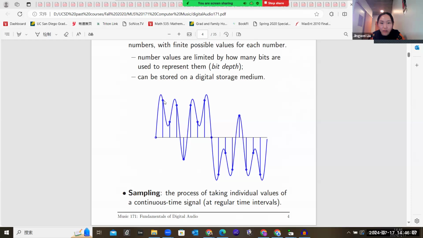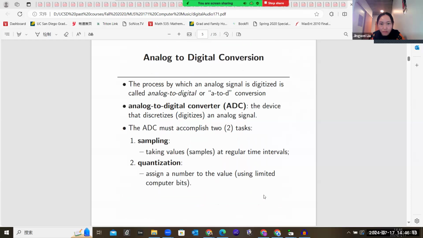Here you can see we use discrete points to sample a continuous waveform. There is something called analog to digital conversion, ADC, and there is also DAC, digital to analog conversion. When you convert something from analog to digital, it goes through two tasks.